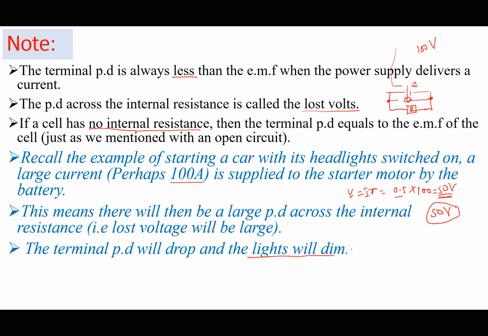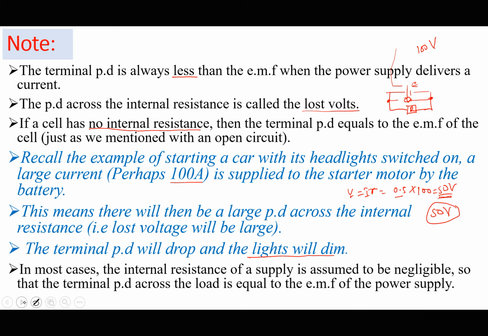Of course, what determines the brightness of a lamp is the PD across the lamp. So if the PD across the lamp is reduced because of the internal resistance of the power supply, then the lights will be dim to that effect. In most cases, the internal resistance of a supply is assumed to be negligible.